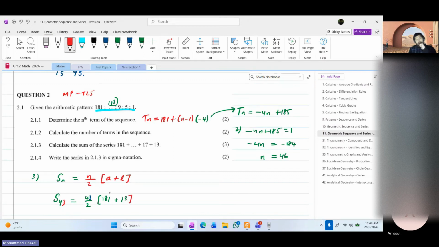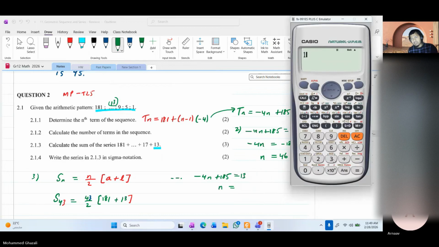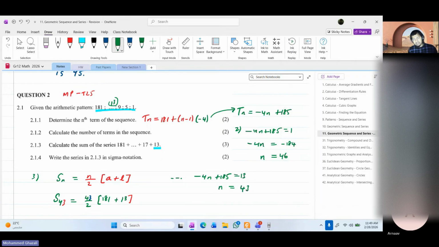But if you don't want to do it like this, you can check how many terms there are by solving the same formula equals 13. You solve negative 4n plus 185 is equal to 13. n is equal to 13 minus 185, divided by negative 4. Getting 43 terms. Or you can just minus like what I did there.